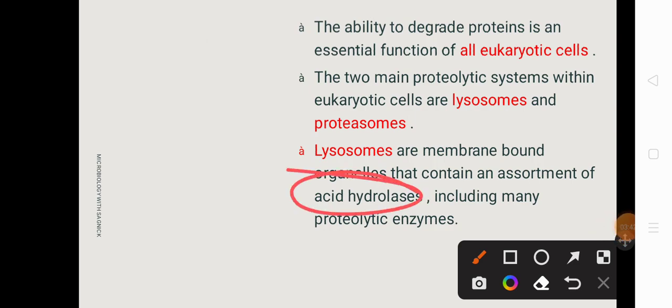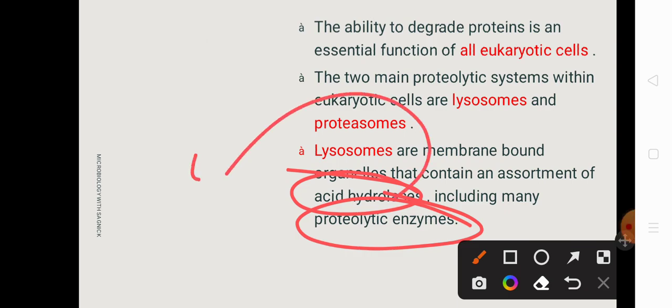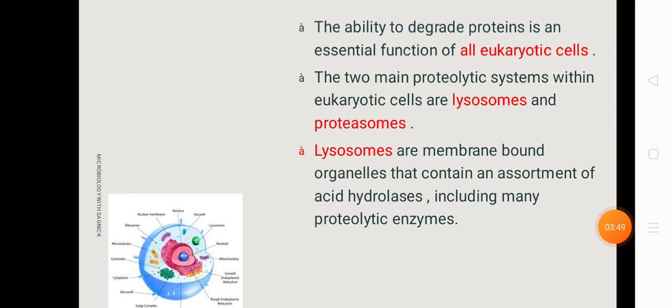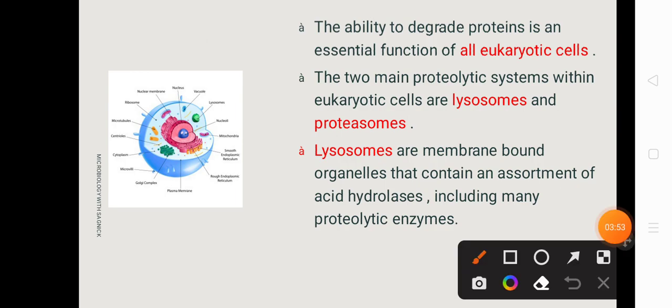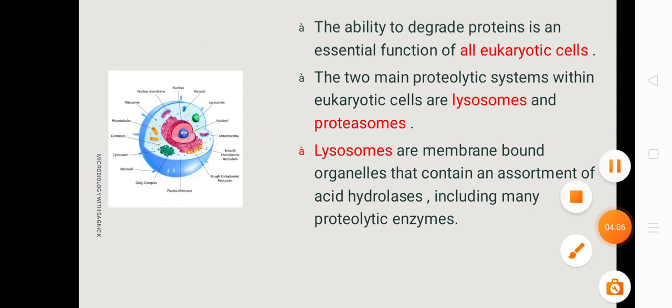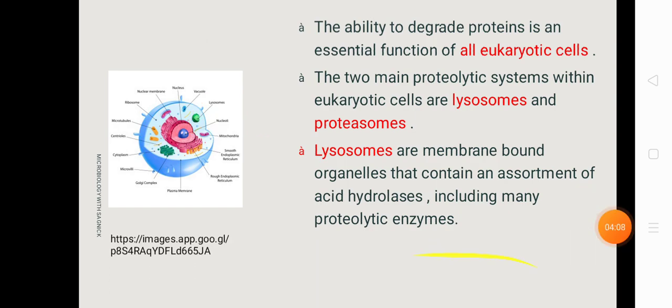Along with that, they contain some proteolytic enzymes. Both are important for the degradation of protein. Although today we will focus on the proteasome, not the lysosome. If you focus on this picture, you may find the lysosome. This thing is the lysosome. Now let's move on to the proteasome.